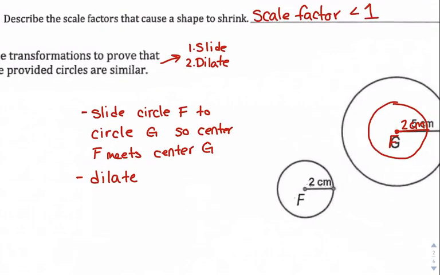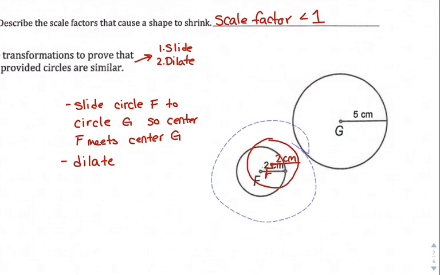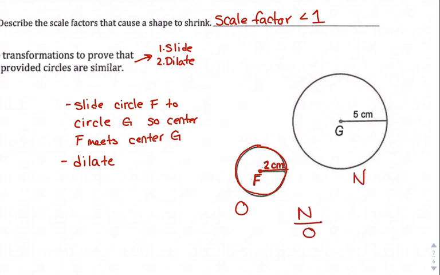My next step was to dilate. So this is where "say no to Oreos" comes in handy. Since I'm moving circle F to circle G, that means F is my original circle and G is my new circle. So remember, we say no to Oreos, so that means my scale factor here is 5/2. And that's important because we need to write that in our little proof.